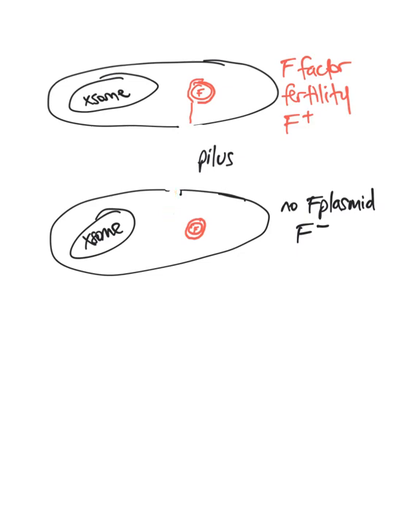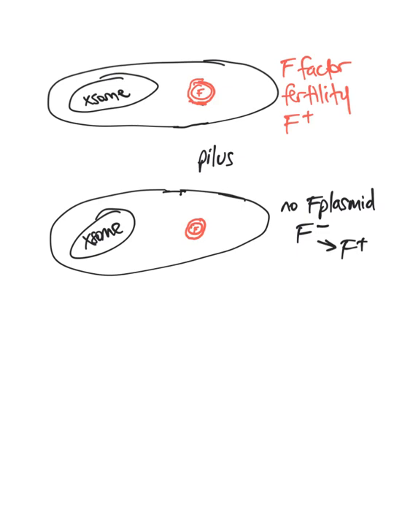And we end up with our F plus, I'm sorry, that should be in red. Our F plus cell remains F plus, and our cell that was F minus becomes now F plus. So that's one way what we call bacterial mating or bacterial conjugation can happen.